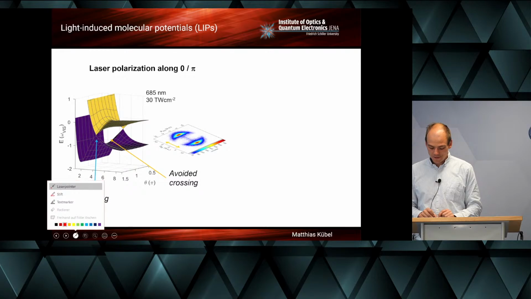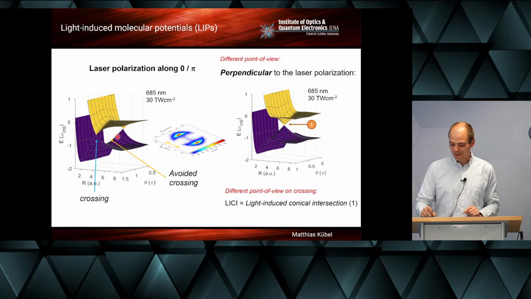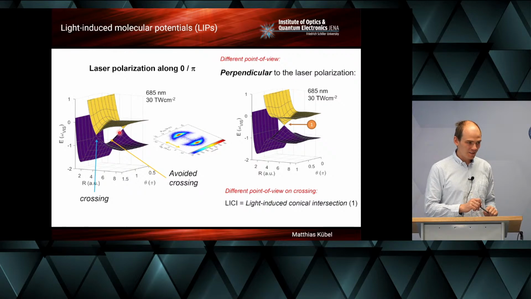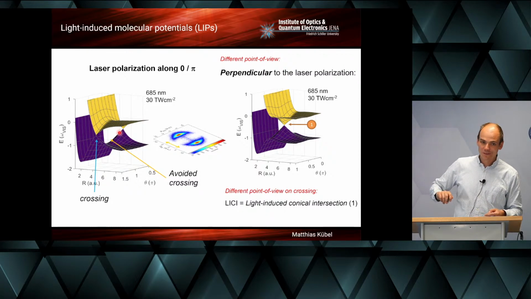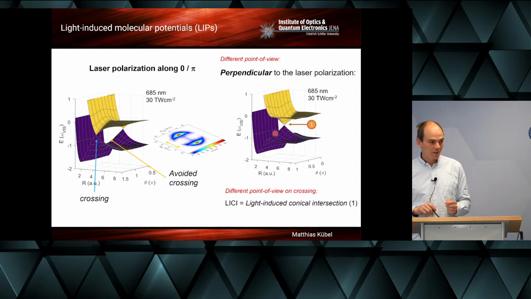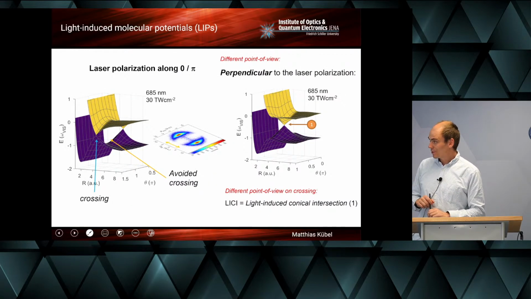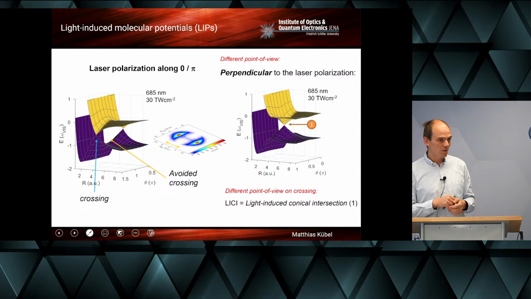Now, let me make a change of perspective. Instead of having this crossing point at the edges, I put it in the center. This resembles a feature known from polyatomic molecules, namely conical intersections, where two electronic states cross in a single point, and these have a large importance for many molecular dynamics, for example the photostability of DNA with respect to UV irradiation.